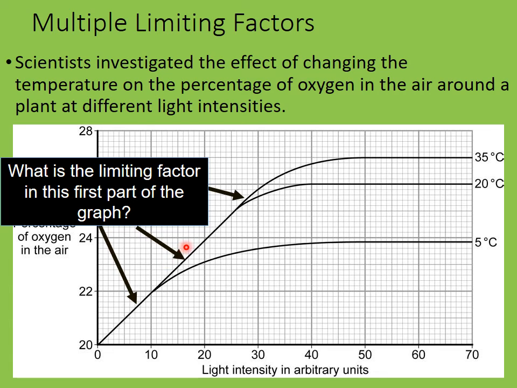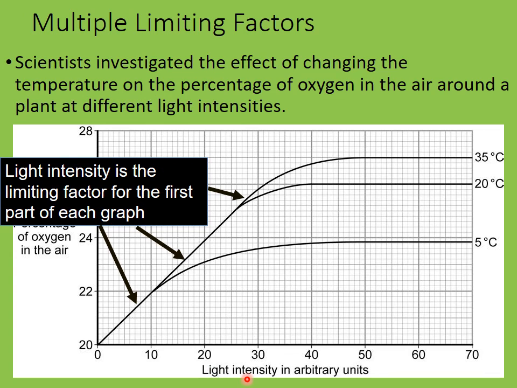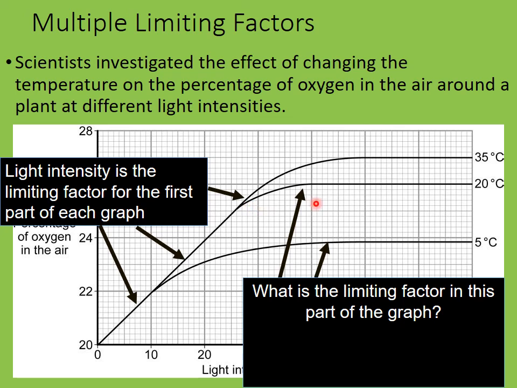So the limiting factor in this portion of the graph is what we find on the x-axis, so light intensity in this case. The reason why it is the limiting factor is, of course, the fact that when we increase the light intensity for this first portion, the rate of photosynthesis increases. Now this is where it gets a little bit more interesting.